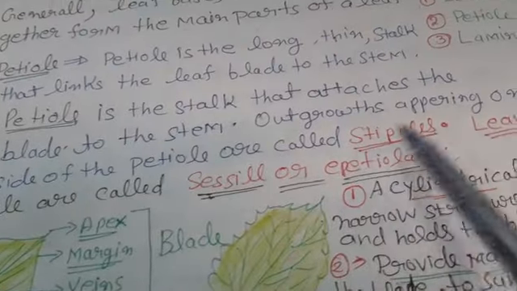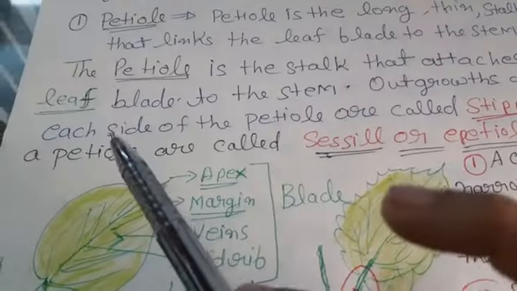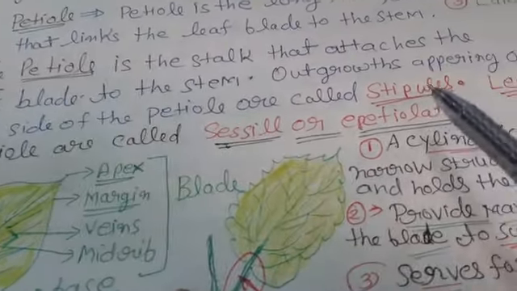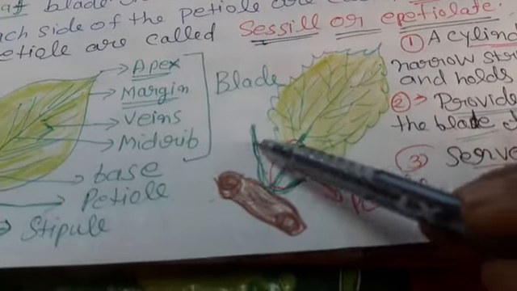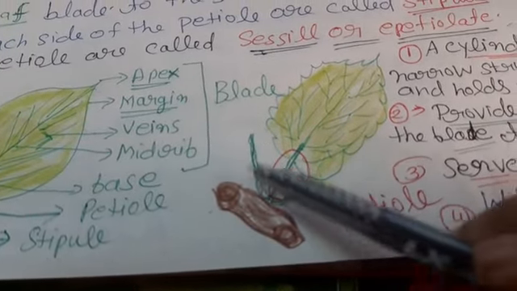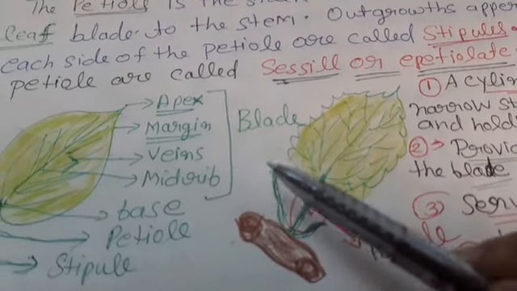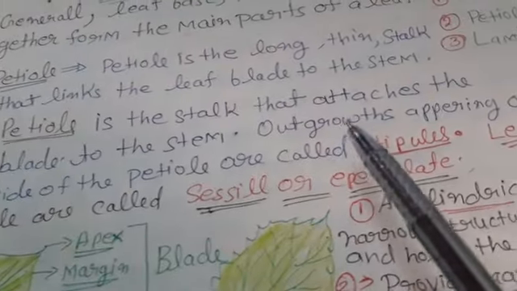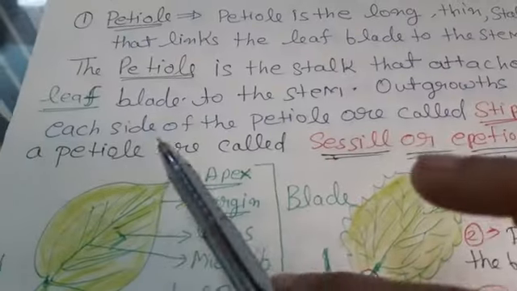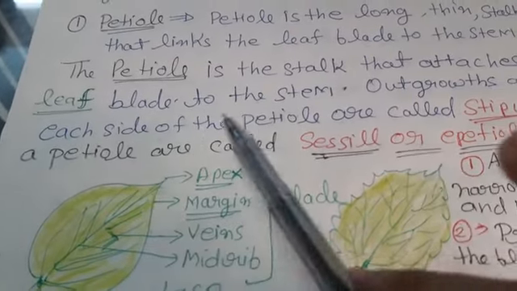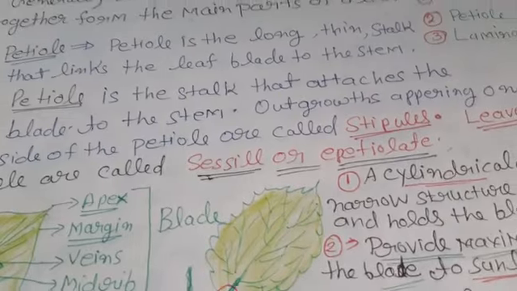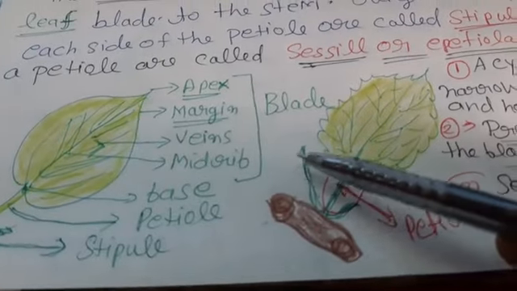The outgrowths appearing on each side of the petiole are called stipules.